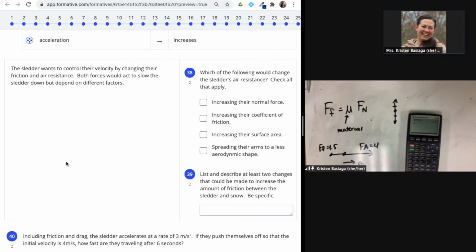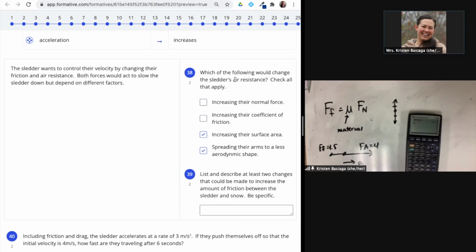Now, let's say that the bobsledder wants to control their velocity. They could do air resistance, and air resistance depends on surface area, shape, size, and surface material, right? A smooth car would have less air resistance than if you had like a car covered in fabric for some reason.